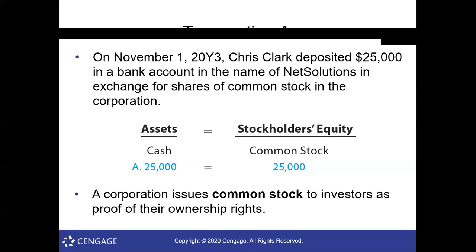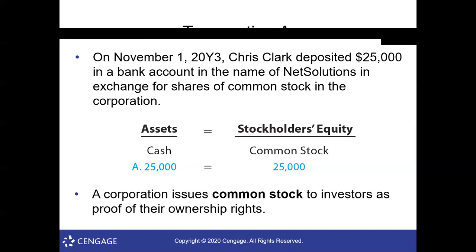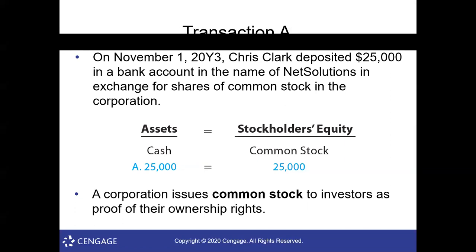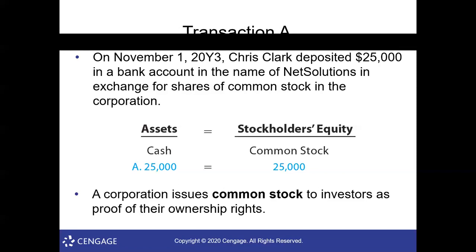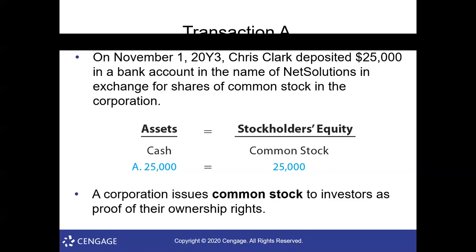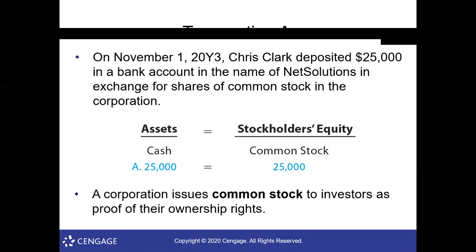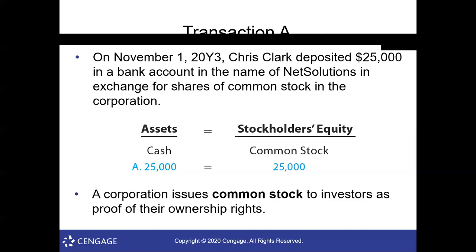So we have a business transaction. We have an asset that has increased. Cash has gone up by $25,000, and stockholders' equity has gone up by the same amount. So the accounting equation balances. The assets totaling $25,000 equals the liabilities, which is 0, plus stockholders' equity, which is $25,000.